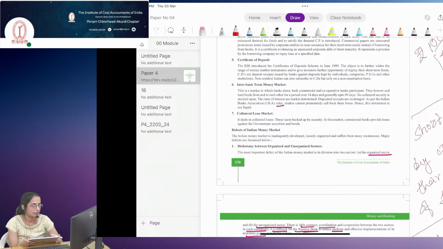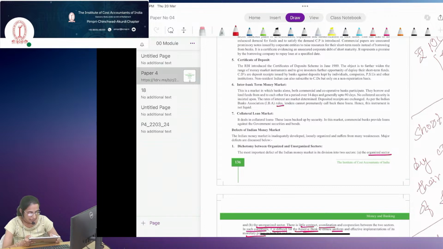Again, it is short term and collateral is not required. The rates of interest are market determined. Deposit receipts are exchanged. As per the Indian Banks' Association rules, lenders cannot prematurely call back these loans. Hence, this instrument is not liquid.